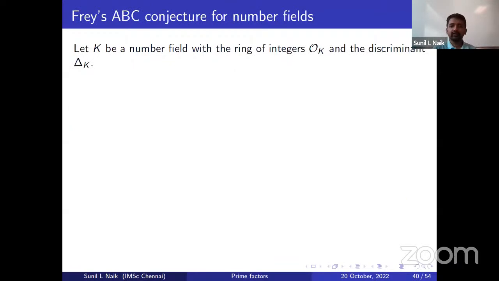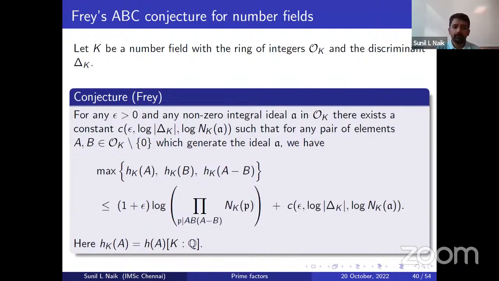Let K be a number field with ring of integers O_K and discriminant Δ_K. The conjecture states that for any positive ε and any non-zero integral ideal I, there exists a constant C depending on ε, the discriminant of the field, and the norm of the ideal I, such that given any pair of non-zero algebraic integers A and B which generate the ideal I, the maximum of h(A), h(B), h(A−B) is less than or equal to (1+ε) times log of the product of the norms of the prime ideals which divide AB(A−B), plus the constant.